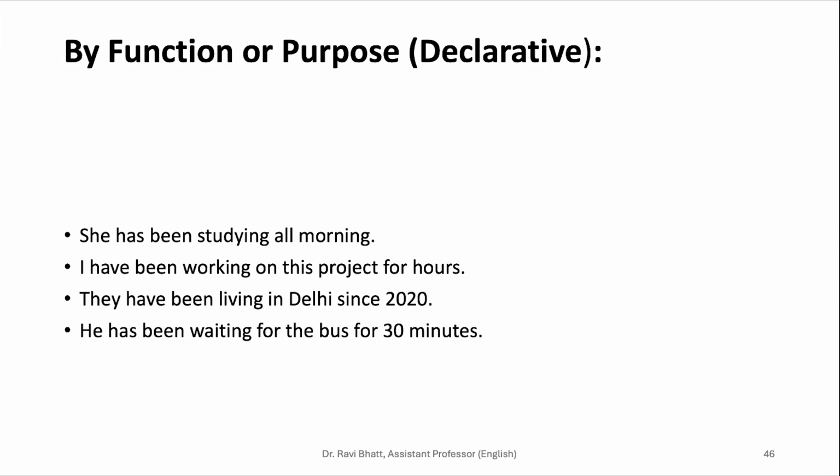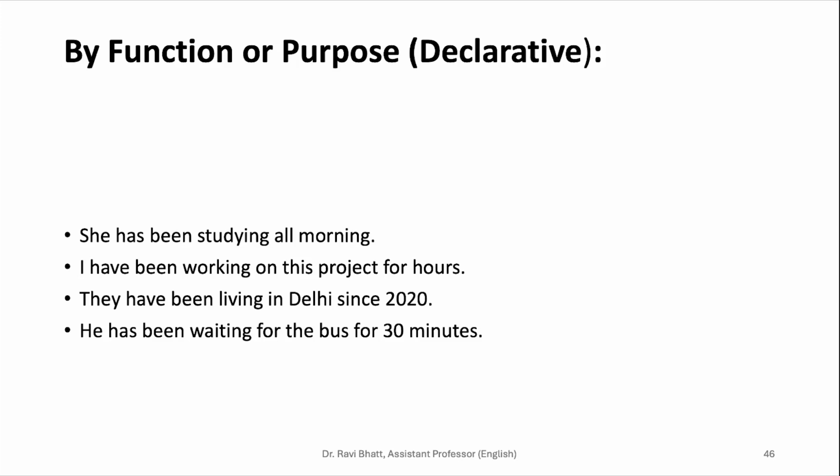So this is where we use for. However, when I use since, I would specifically talk about a point in time. Okay. Now, a point in time basically means, for example, they've been working on this project since 2013.